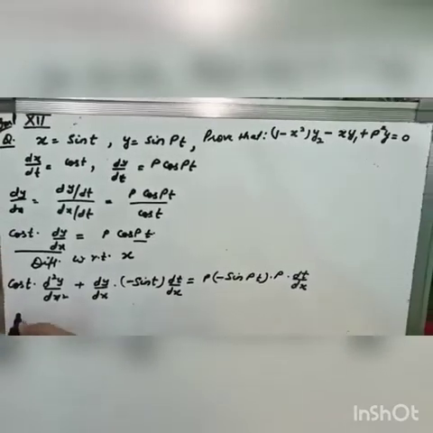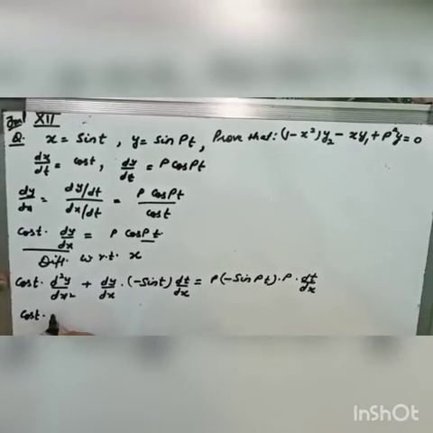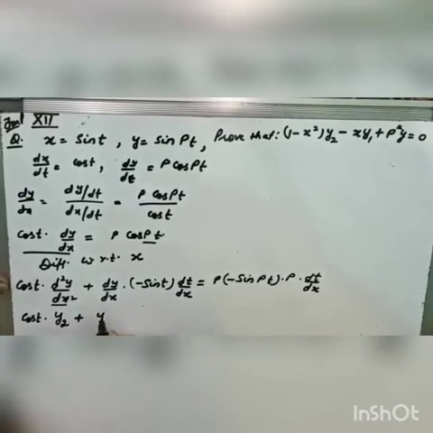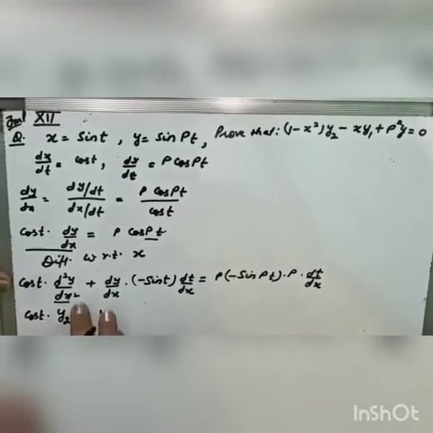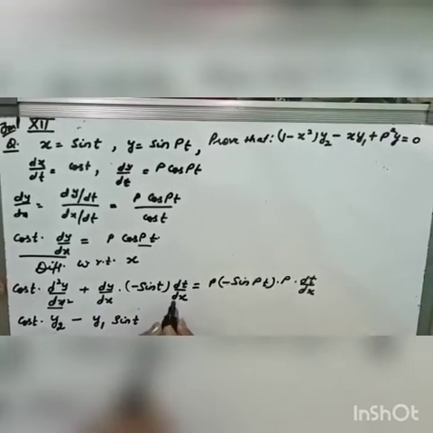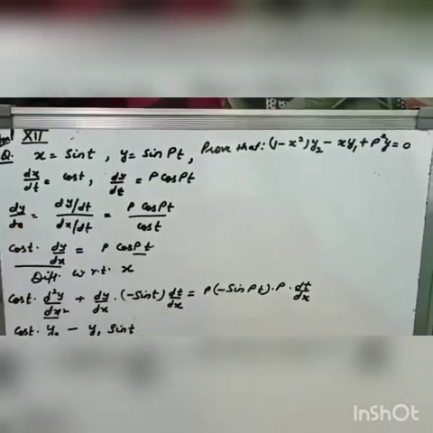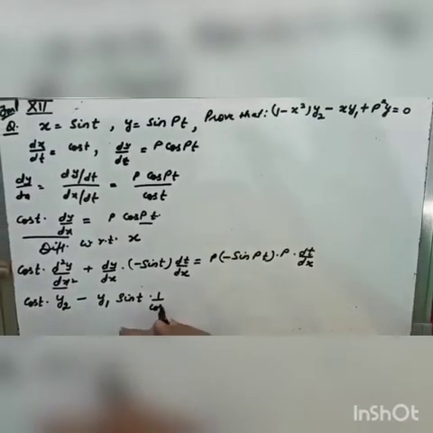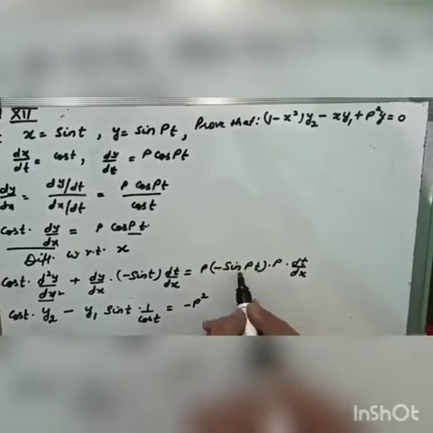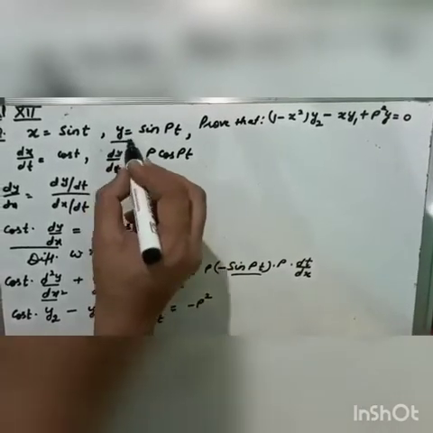So now put all the values. This as it is can be written as y2 plus dy by dx can be written as y1. This negative here, sin t, dt by dx is the reciprocal of cos t, means 1 by cos t, equal to minus p square. Sin pt is actually equal to y.